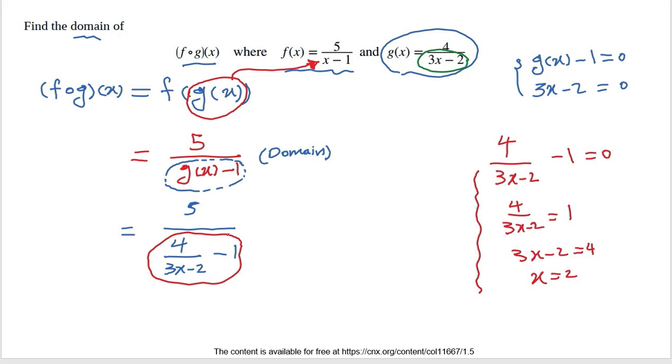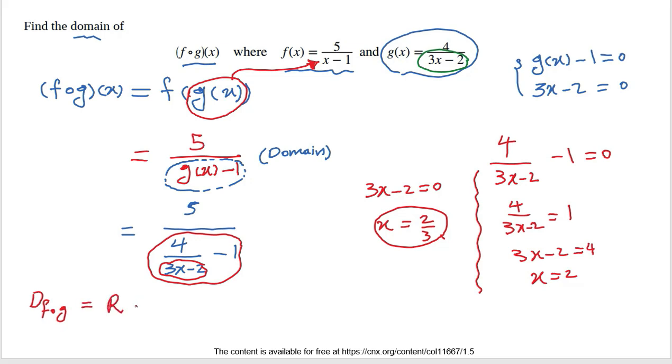And for this denominator, 3x minus 2 is equal to 0. So x is equal to 2 over 3. So all numbers except 2 and 2 over 3. So the domain of f of g is all real numbers except 2 and 2 over 3.